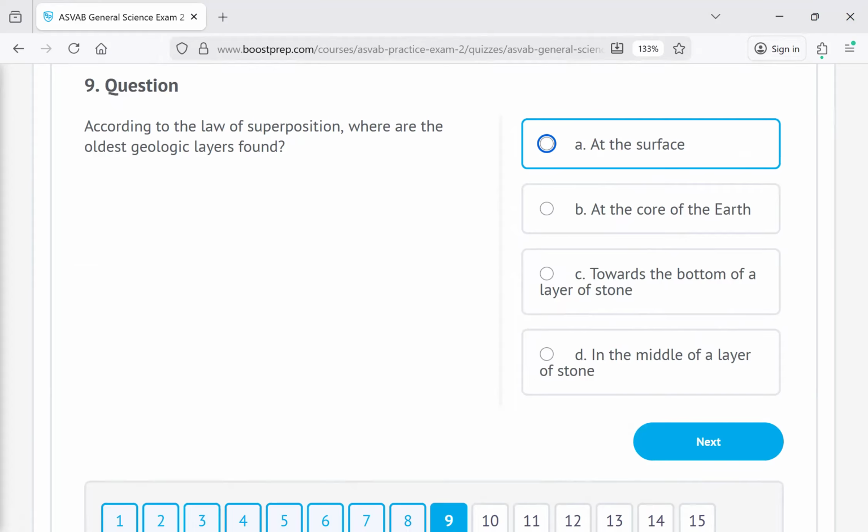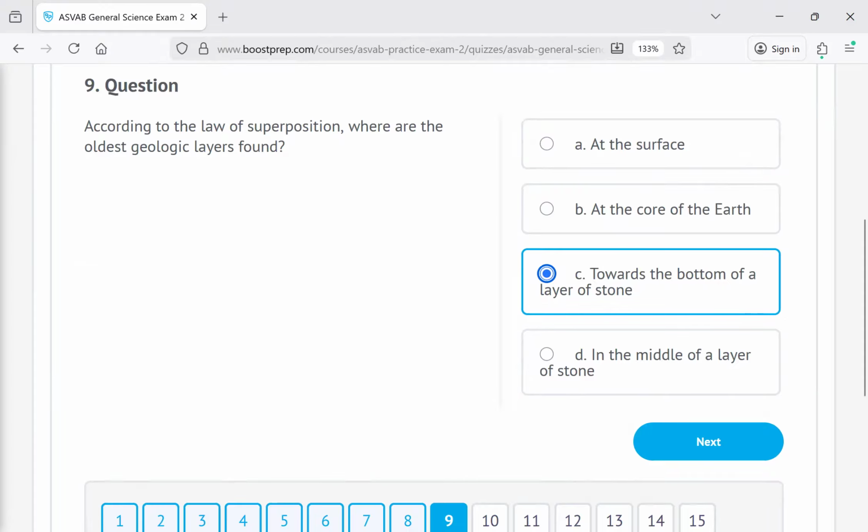Double check. It is going to be C, towards the bottom of the layer of a stone. So, yeah, just know this. It's just something you need to know. According to the law of superposition, the oldest geological layers are found C, towards the bottom of the layer of a stone.